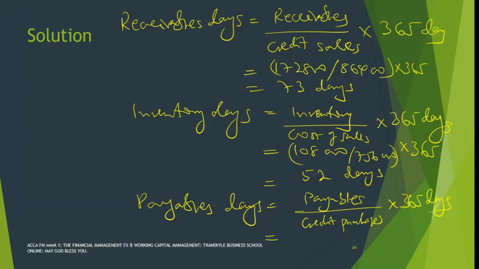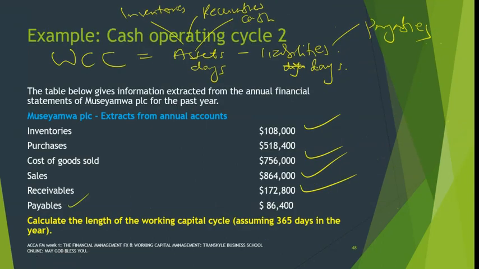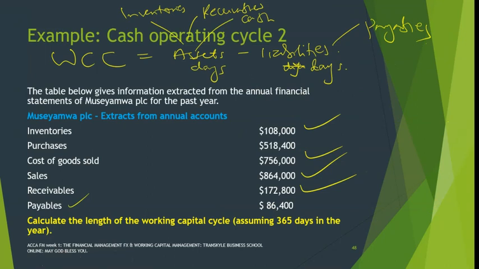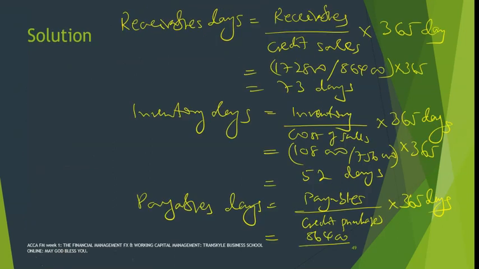This means the payables 86,400 divided by credit purchases. The assumption is that these purchases were on credit, 518,000, multiplied by 365 days, and we get 61 days.